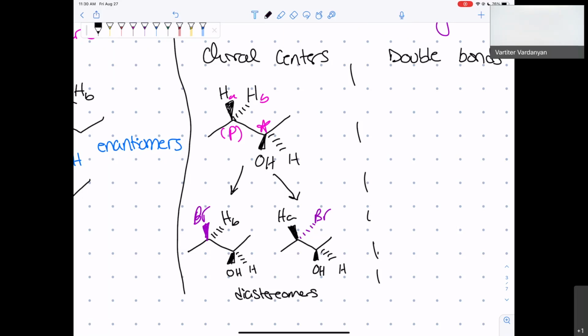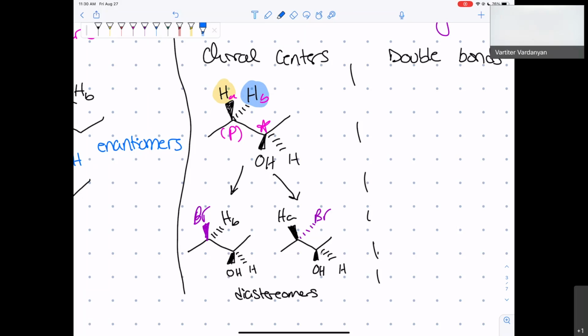So what this means is HA and HB are completely different signals. They are entirely different from one another. Yes, you can think of it like that, but I think the easier way to think about it is they're going to be different if you have a chiral center present already.